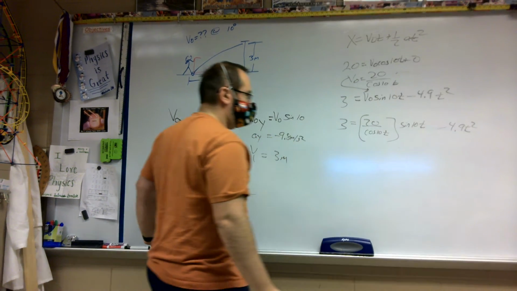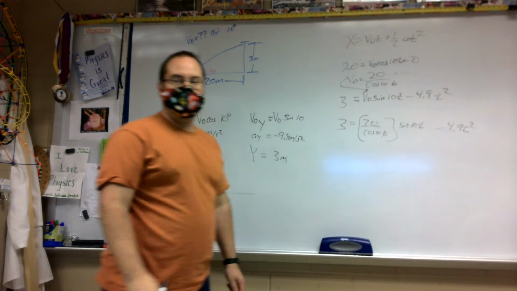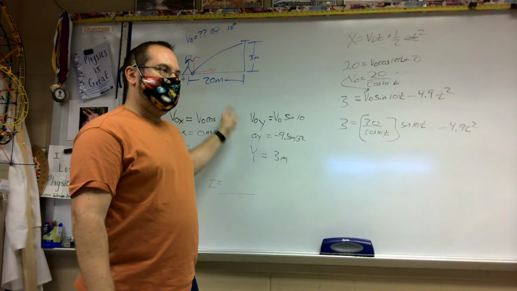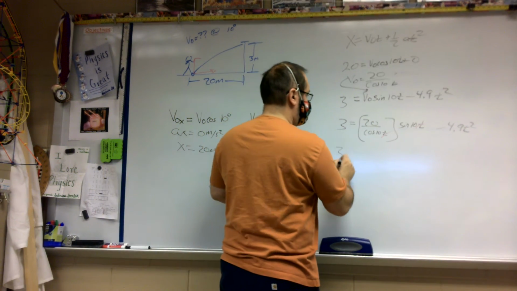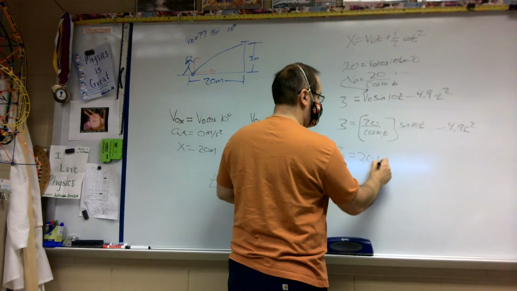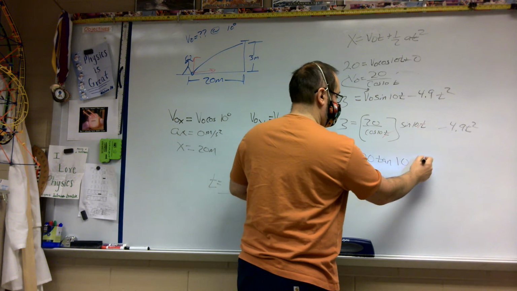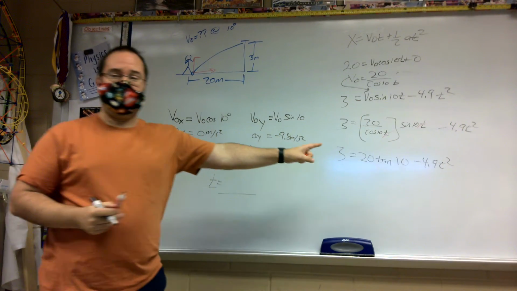At this point, you can start to see the t's cancel out. There's a t here and a t here, they cancel out. And sine over cosine is tangent. That's why I said hold on to it, because I knew this was going to end up being tangent. So I get 3 is equal to 20 tangent 10, minus 4.9 t squared. It works out really nice.